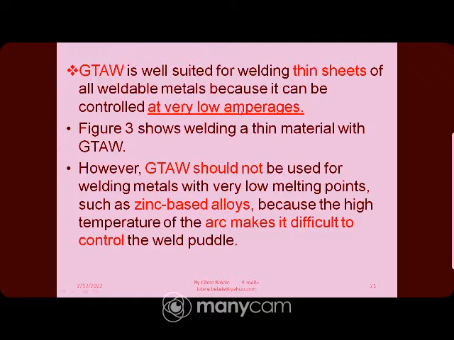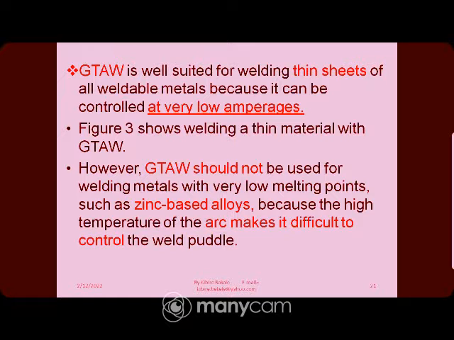Especially for welding thin metals, it's important to select gas tungsten arc welding.